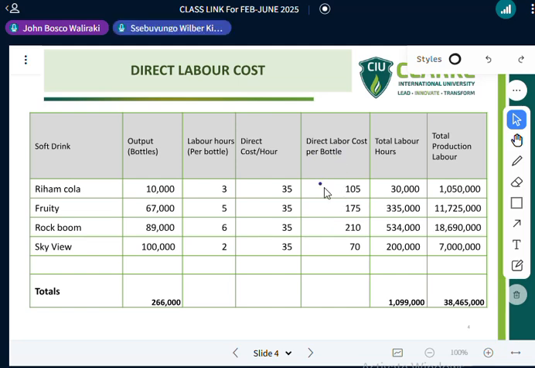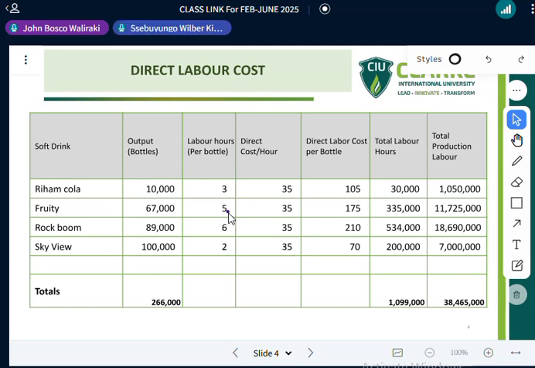That is what we have here as the unit production cost in terms of direct labor that goes into a single bottle. Our greatest intention is to have the cost per bottle, the cost of labor that goes into each bottle. So that's what is also done for Fruity.